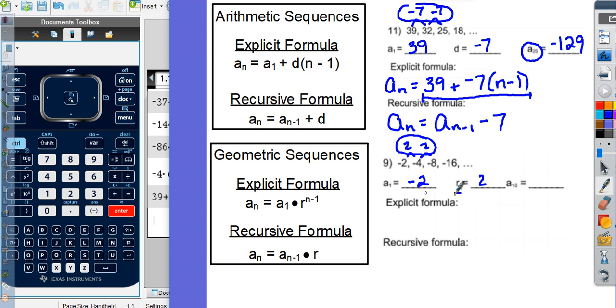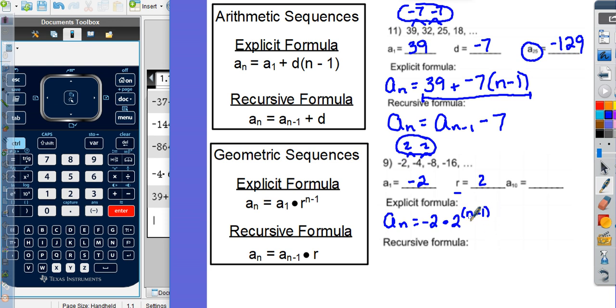All right, once again, I'm given the same information that I have been previously. Let's plug this in. So A sub n equals A1, which is negative 2, times R, which is 2, and then parentheses n minus 1.